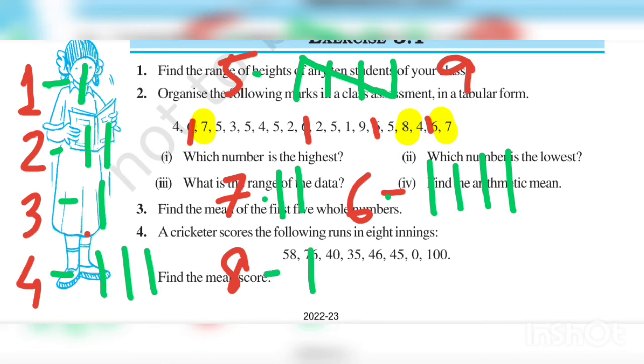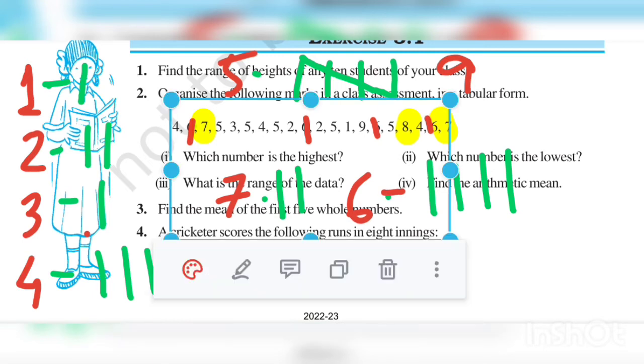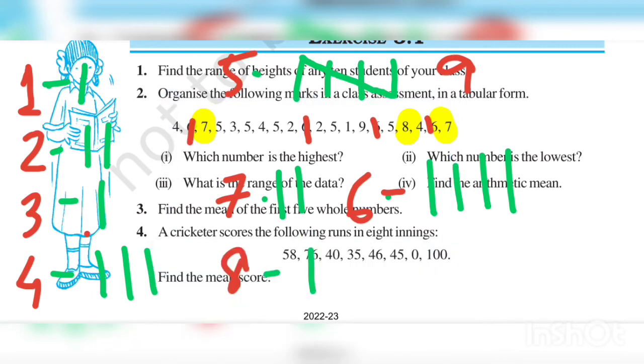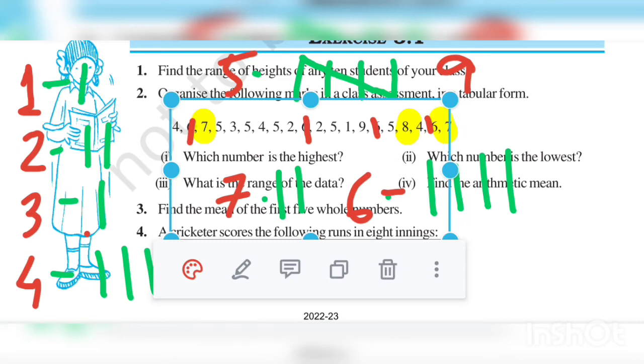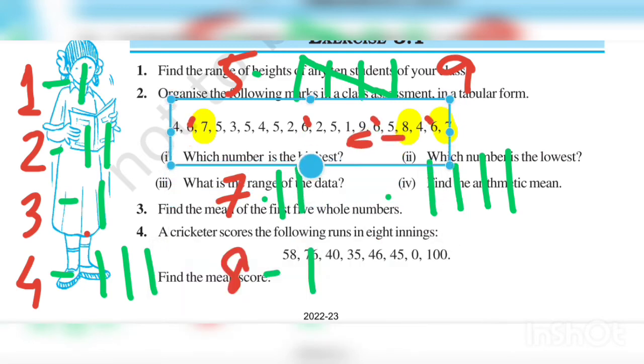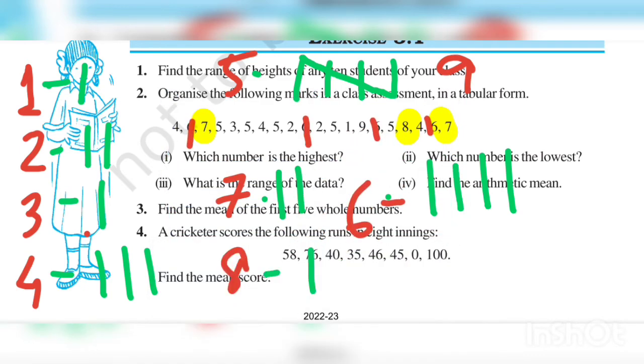The same will be done for 9. Let's check how many 9's there are. Yes, you can see that 9 is here, and I cannot see any other 9, so let's draw one tally mark.